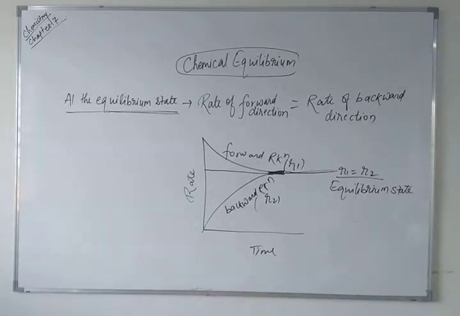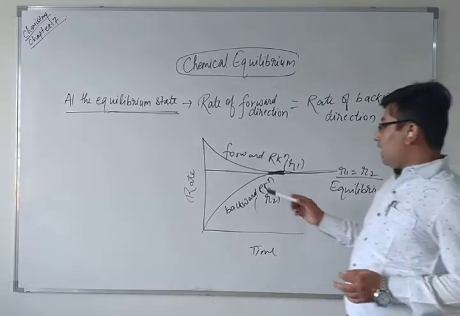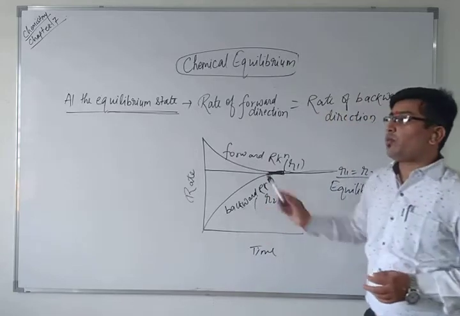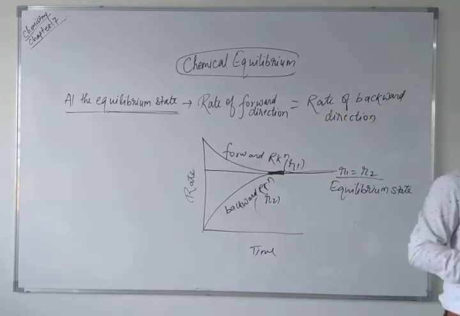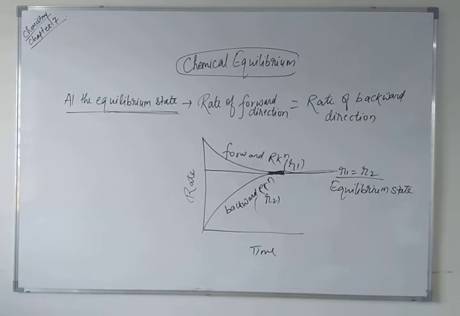As I talk about the characteristics of the equilibrium, the concentrations of the reactants and products do not change with time. At this stage, the number of moles of substance produced per second in the forward reaction is equal to the number of moles of substance which disappear per second in the backward direction.